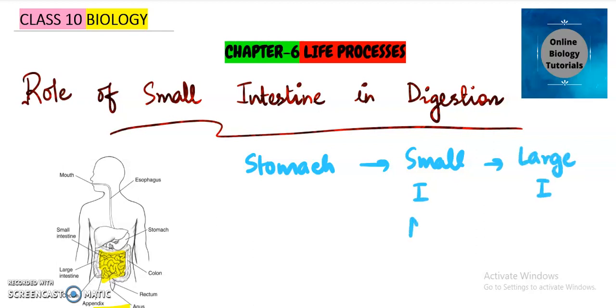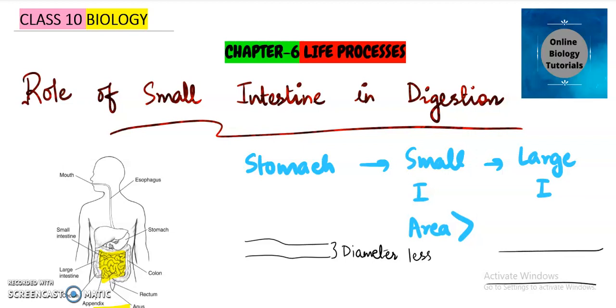Area wise, it is greater than the large intestine. Then why is it known as the small intestine? Because it is a tube like structure, and the diameter of the small intestine is less in comparison to the large intestine. Right here you can see that the diameter is more. That's why it is known as the small intestine.